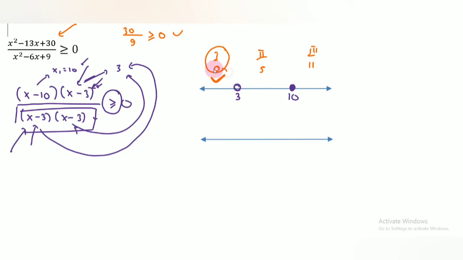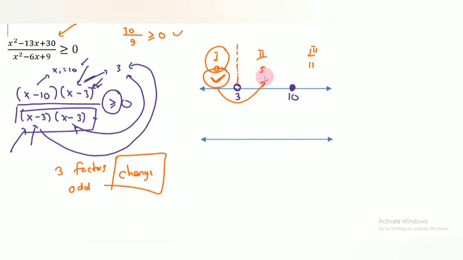Now I'm trying to move step by step. If I'm moving to the second area, I'm passing the factor x minus 3, and we have a total of 3 factors. If it is an odd number, 1 factor, 3 factors, 5 factors, the condition will change. Previously it satisfied, so the next one won't satisfy.